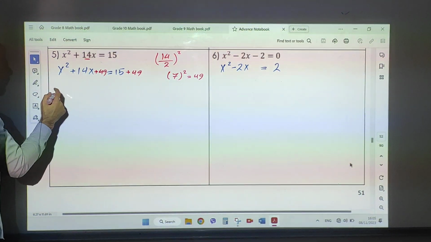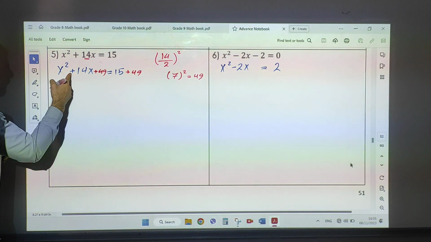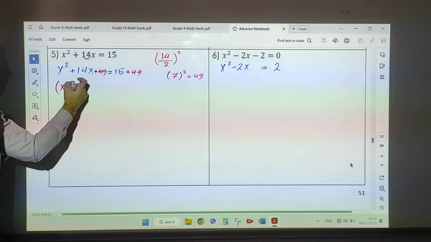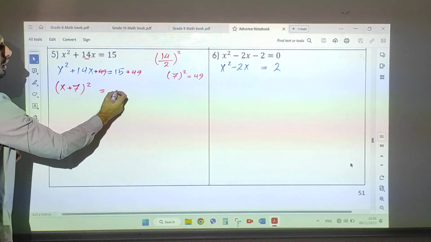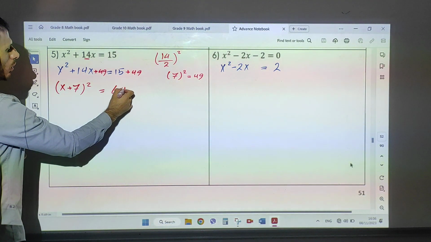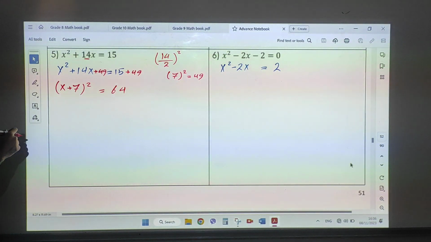x power 2 plus 14x plus 49. We can make it x plus 7 power 2, equals how much? It will be 64. Now we have something power 2 equals a number. You will take the square root.